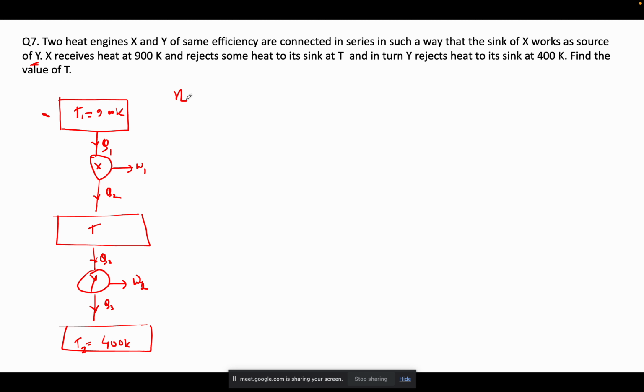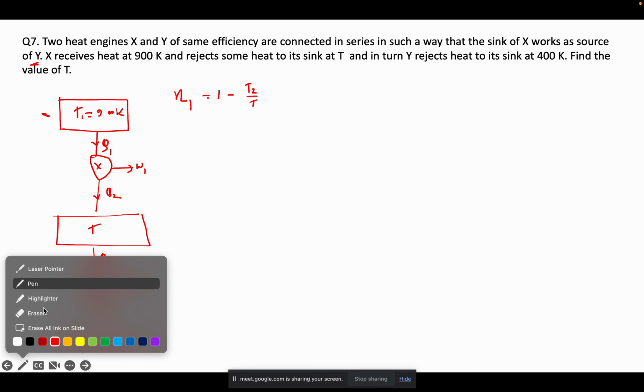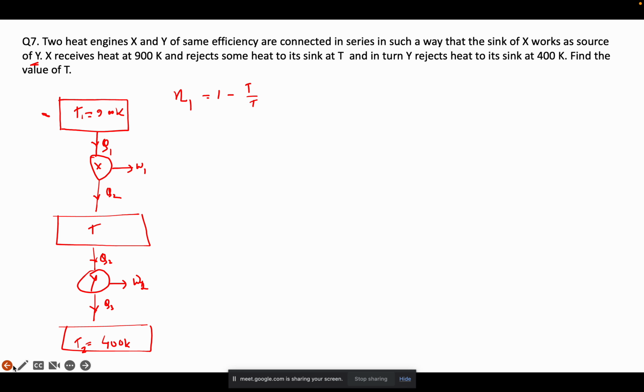Now once again, since these are heat engines, eta 1 will be equal to what? 1 minus T by T1, and eta 2 will be equal to 1 minus T2 by T. Now what it is telling is that the efficiencies are same.